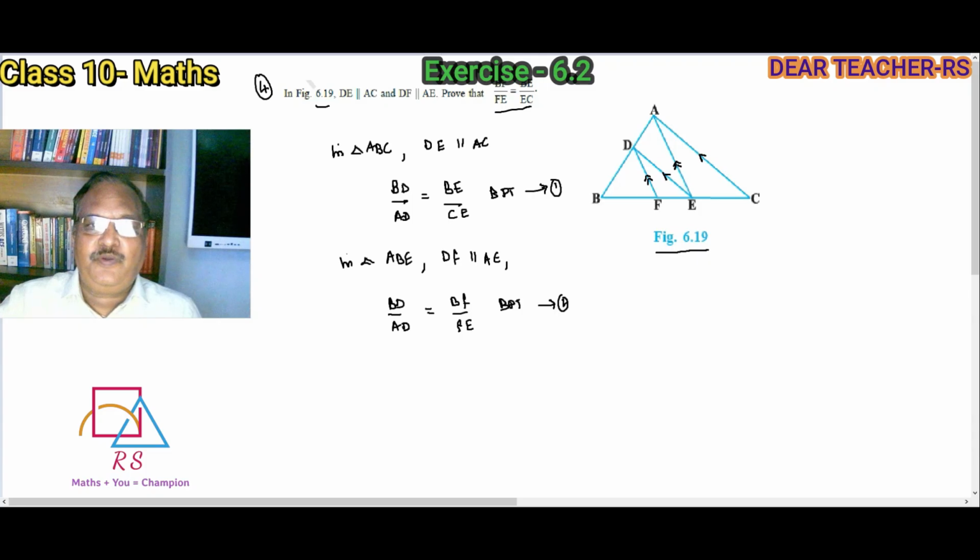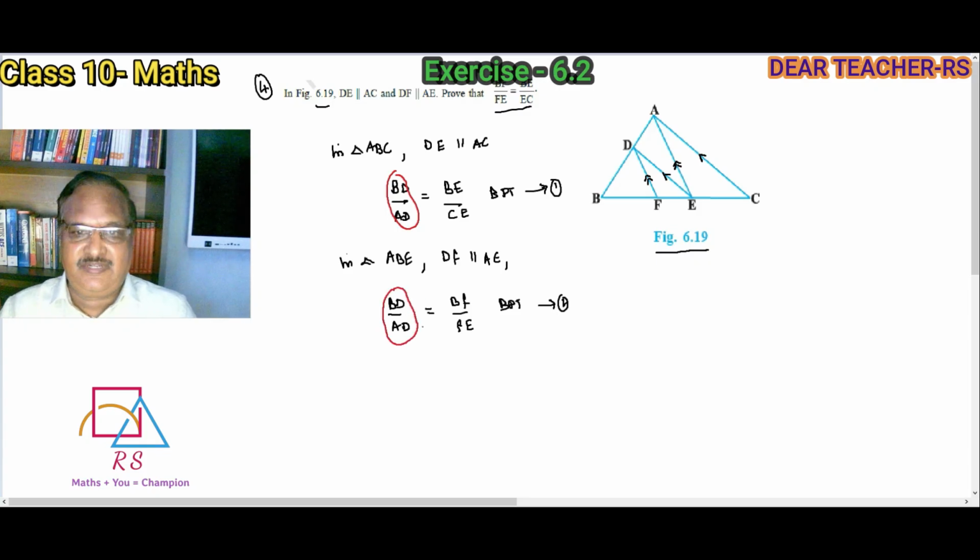Okay. Now you just compare in both the things, BD by AD and BD by AD. Left hand sides of both equations are same, therefore right hand sides are equal. So that means BE by CE is equal to BF by FE.